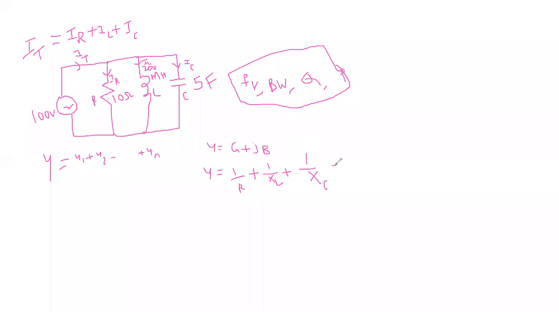That is equal to 1 by R plus 1 by XL, meaning 1 by j omega L in terms of here. 1 by jXL, then that is j omega here.